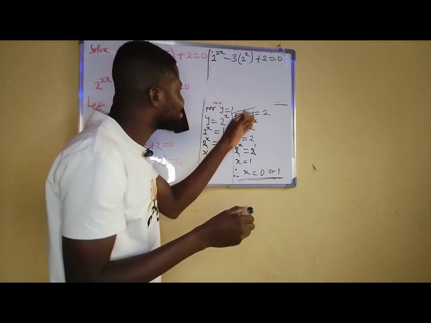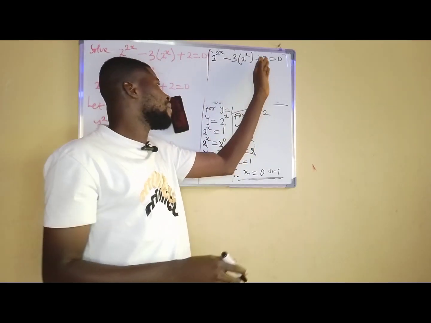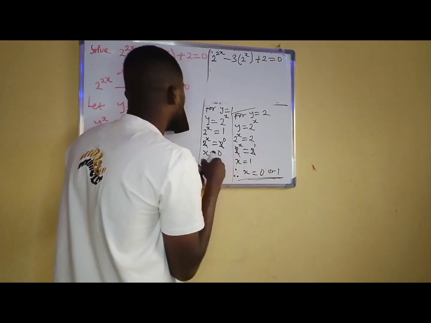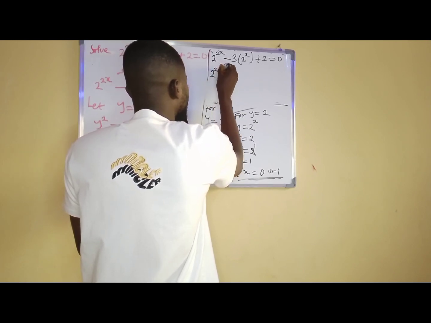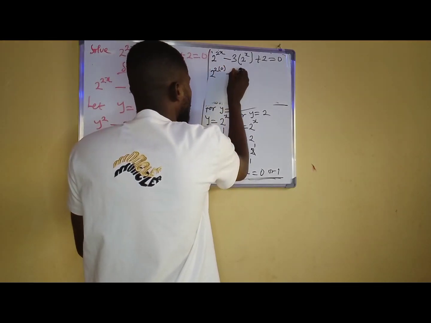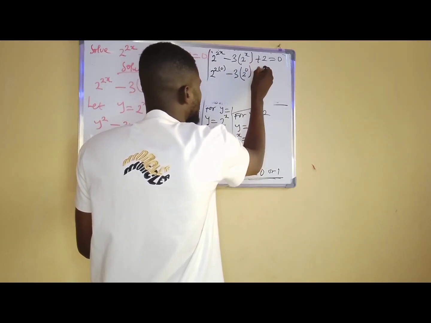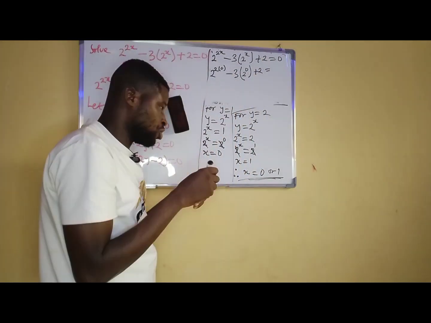Now, let's check to know if our left hand side is the same thing with our right hand side. For x equal to 0, we substitute, that is 2 raised to power 2 in bracket 0 minus 3 in bracket 2 raised to power 0 plus 2. Let's know if the whole of this is equal to 0.